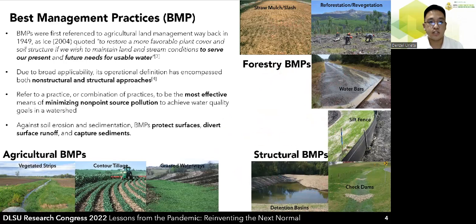So in the existing literature, there are many studies that evaluated the impacts of BMPs in a study area against both soil erosion and sedimentation. However, to the knowledge of the authors, there has been no bibliometric review conducted for understanding the impacts of the published studies in preventing soil erosion.